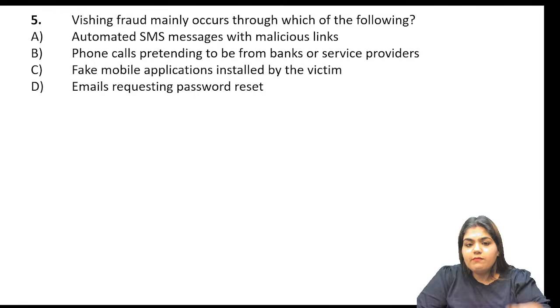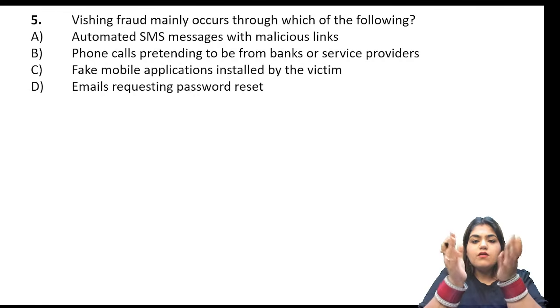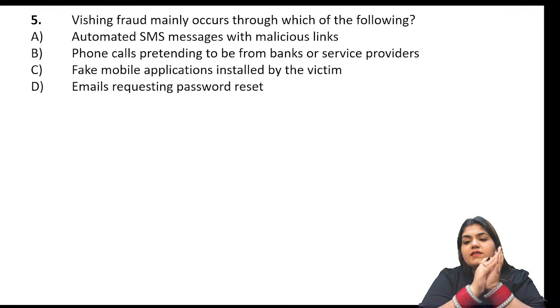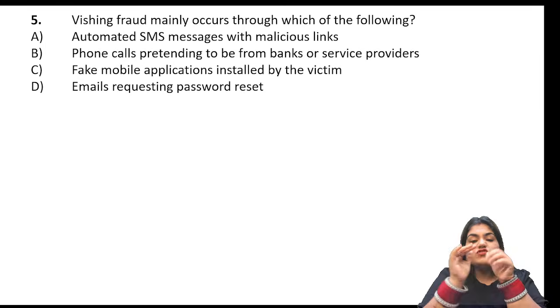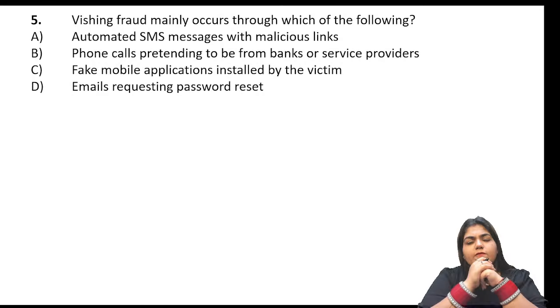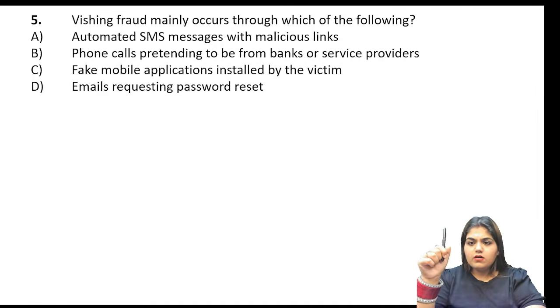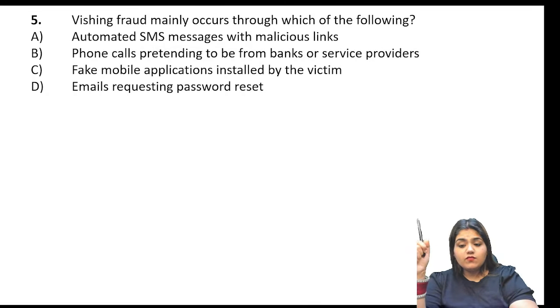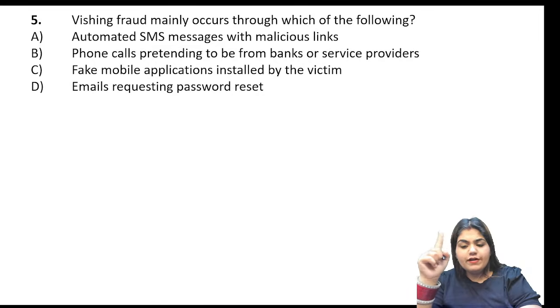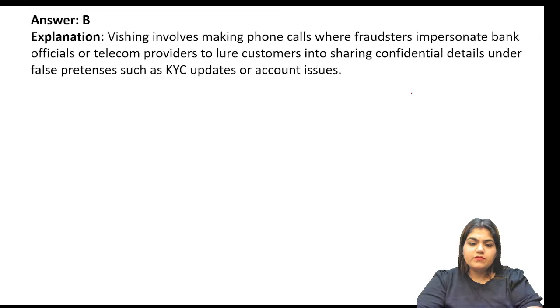Phone calls pretending to be a banker and a service provider. Vishing is, sorry, voice actually. Yes, vishing is voice. Phone calls happen in vishing, not video calls. Vishing is voice. V stands for voice. Yes, yes, B is the correct answer.